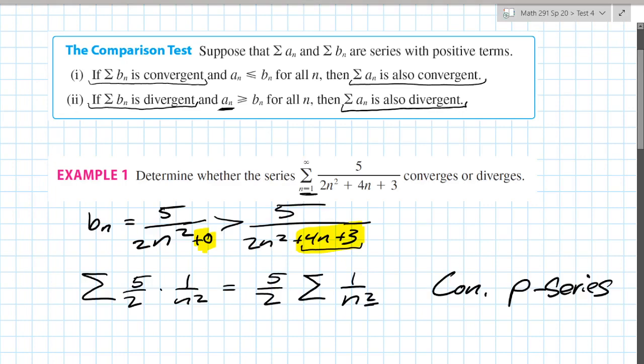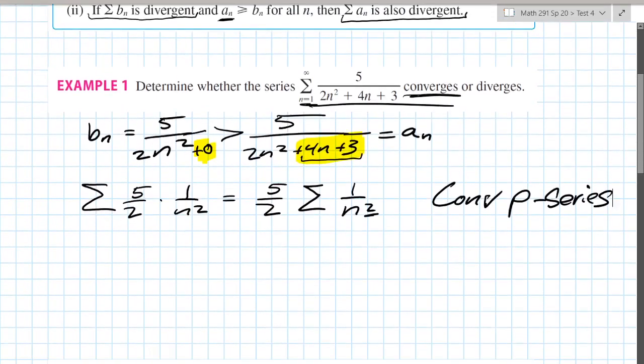Taking these fractions, the fraction with the larger denominator is a smaller number, so we have a convergent series, which looks similar to a convergent p-series, and that's it. We're done. We don't have to determine what the limit is, and for our purposes, we're usually going to skip estimating the sums and just determine whether or not they are convergent.